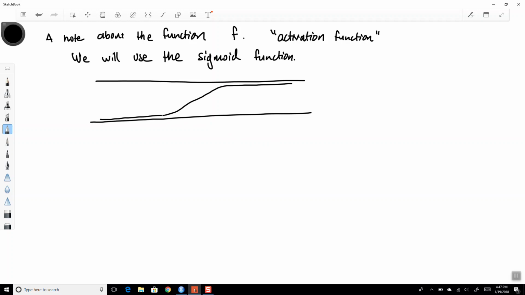It's a little more curvy; this looks almost flat, but it's hard drawing. Just go on Wikipedia and look up sigmoid function. You'll get a better picture.